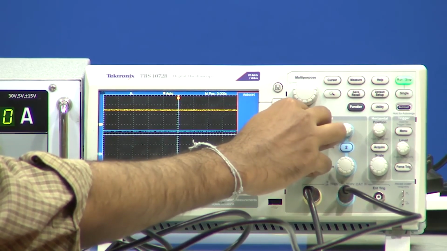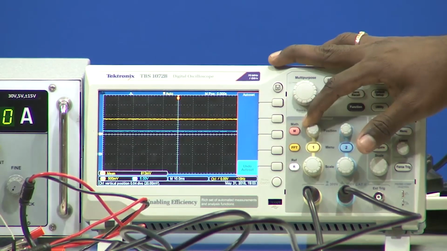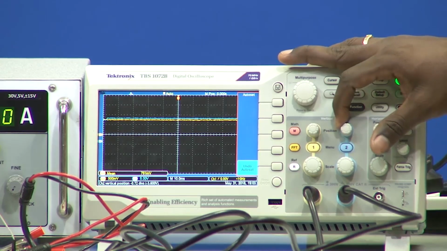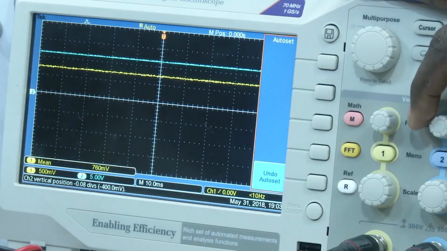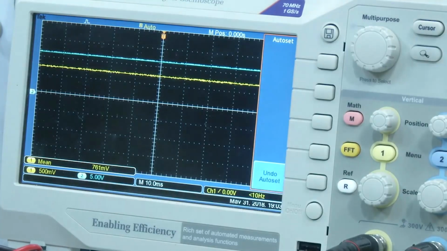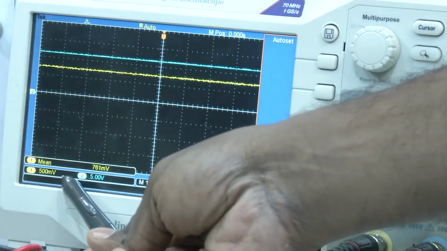The yellow is the voltage across the capacitor. We are aligning both to the same point so that it is easy to understand. The blue one is 5 volts per box, and this one is 500 millivolts.